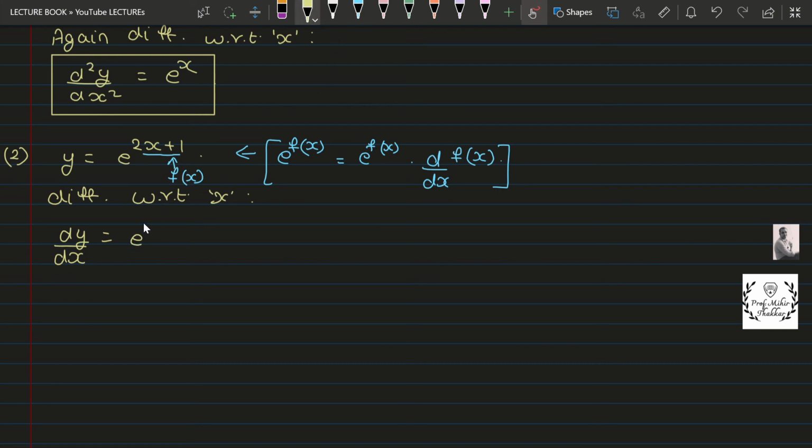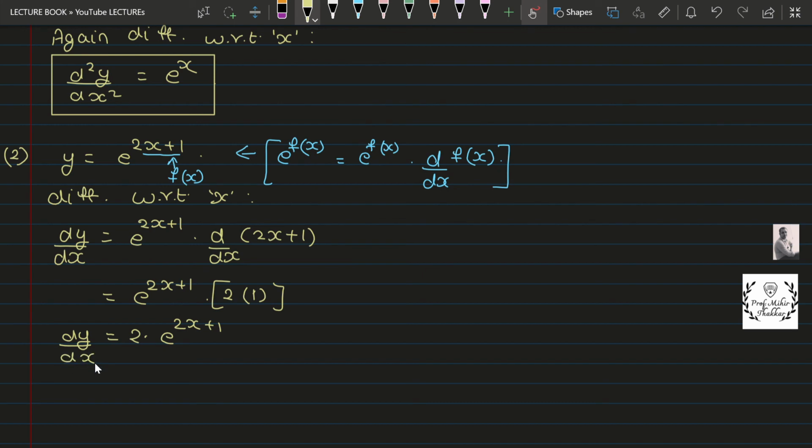So this will be e raised to 2x plus 1 multiplied by the derivative of 2x plus 1, which is 2 into 1, because 2 is the coefficient and the derivative of x is 1. 1 is a constant, so the derivative is 0. So the answer is 2 into e raised to 2x plus 1. But this is your value of dy by dx.